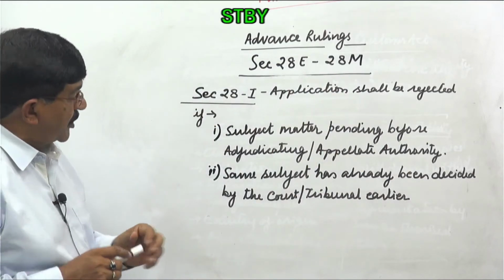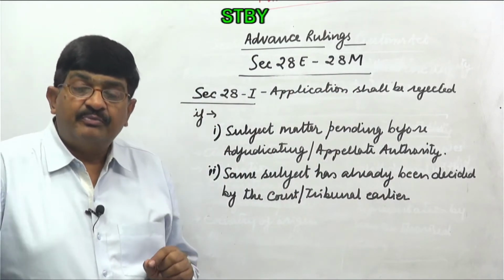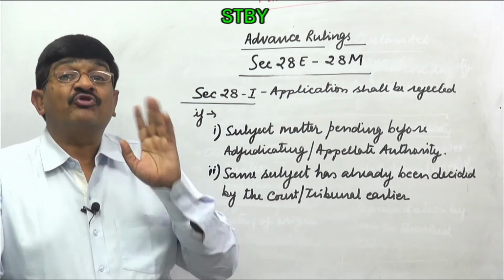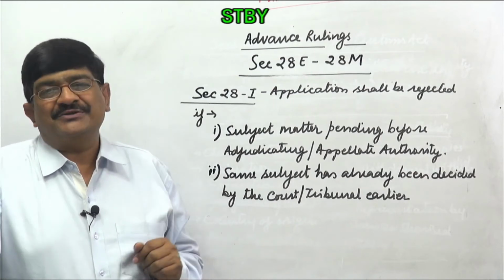So this point number B is showing that the position of authority for advance ruling cannot be considered as superior to the appellate tribunal or the court.